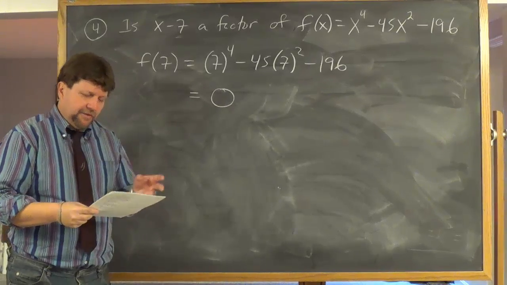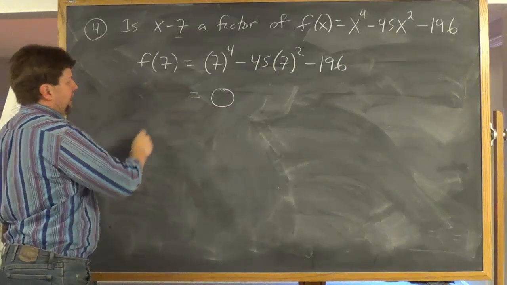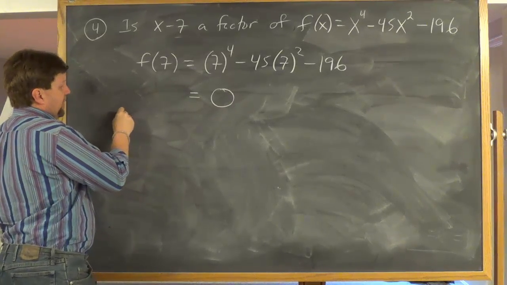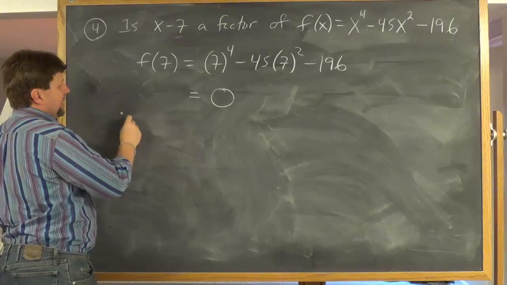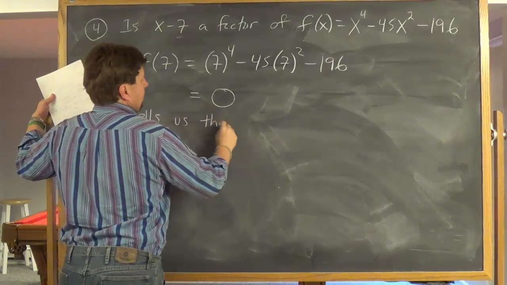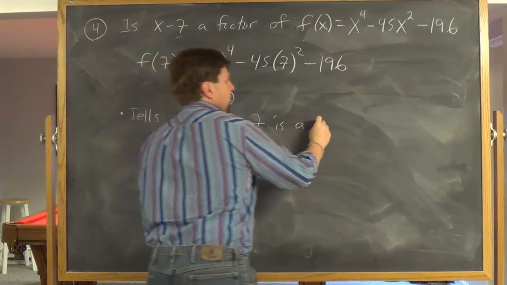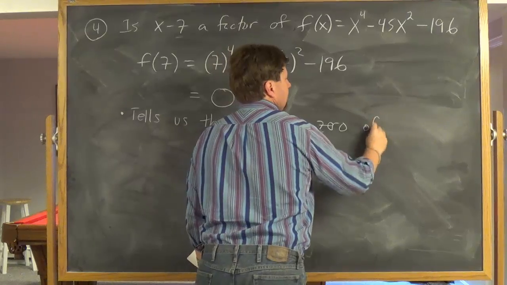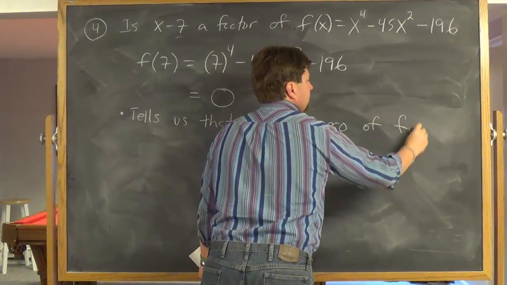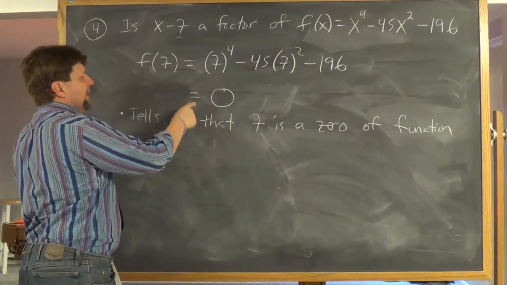Now, getting a value of 0 tells us a lot of stuff, folks. First off, it tells us that 7 is a 0 of the function. F of 7 equals 0.